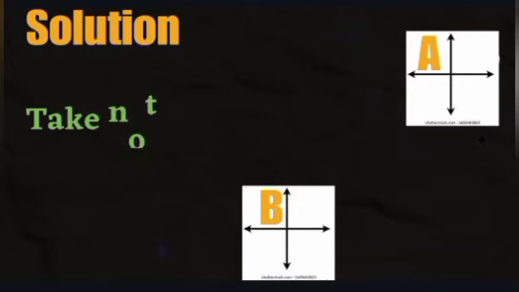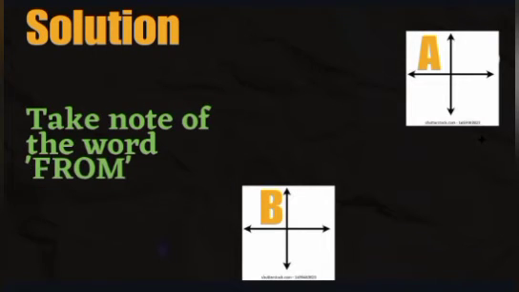Now, having taken note of the word from, your next step is to connect the two points using a straight line. Connect the center of the midpoint of the two points you are given using a straight line.